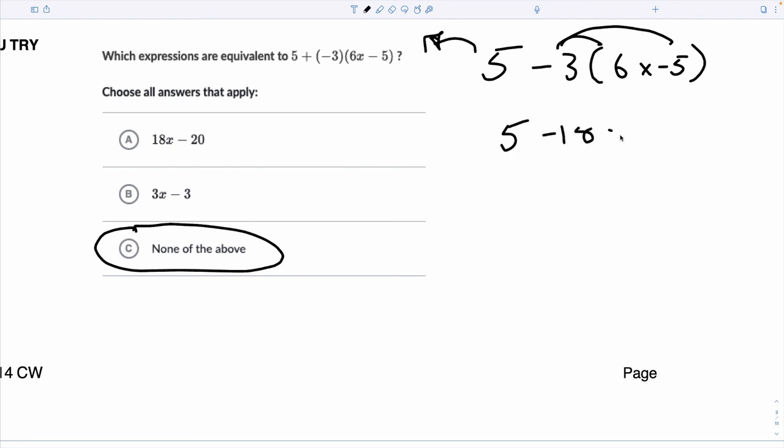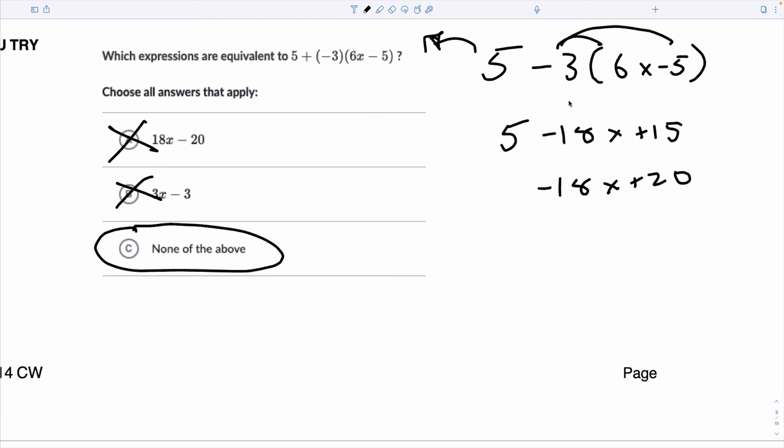If you simplified this, you would have gotten negative 18x plus 20. And that's almost A. So they're trying to trick you. That's almost A, but it has to be the exact same signs. Be really precise and don't just go with the closest one. If they really don't match up identically, you need to choose none of the above.